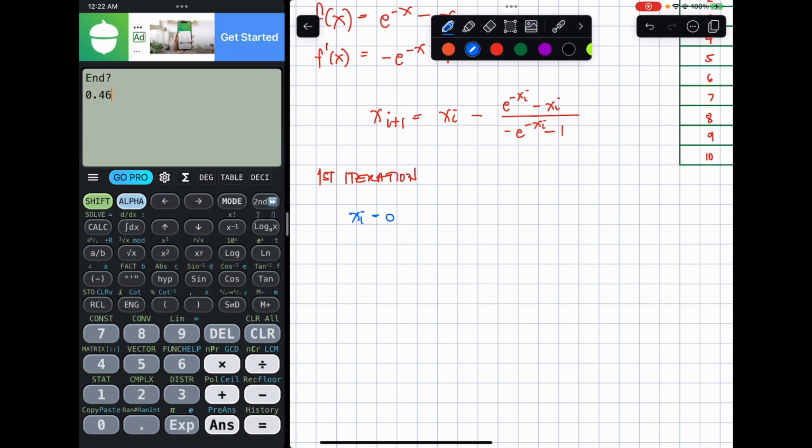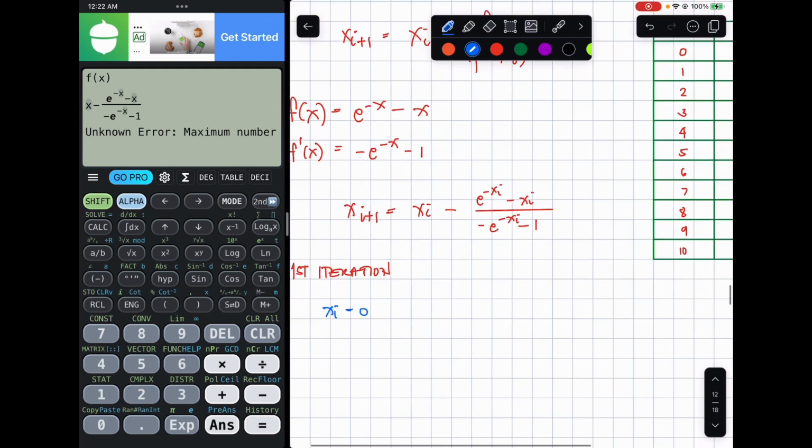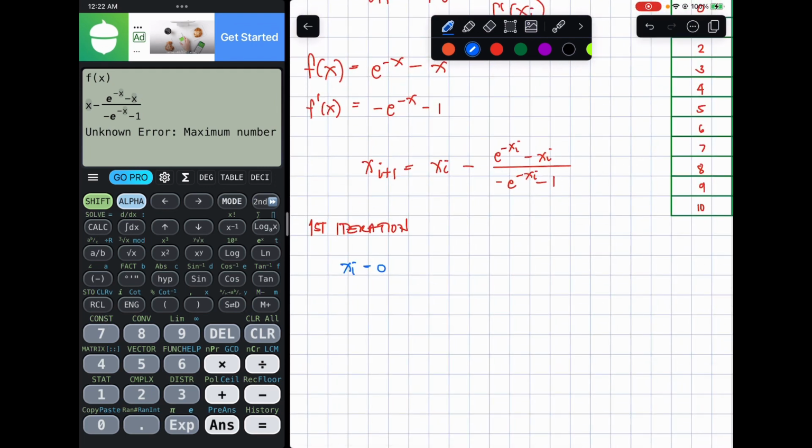Start of 0, end of 0, step of 0. Okay, I can't do the 0, so we'll start with the table later on. I'll just substitute first.